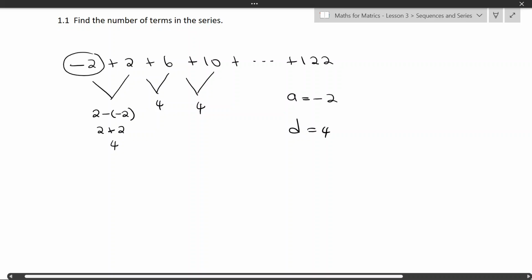The general term of an arithmetic sequence is given by Tn is equal to a plus (n-1) in brackets times d. The last term of the series is 122, so let's substitute Tn with 122, a with -2, and d with 4.